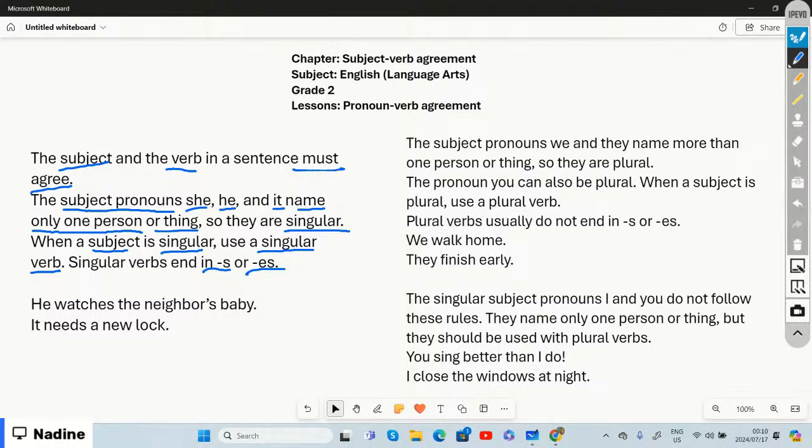And if we look at an example of a singular subject that needs to agree with a singular verb that ends in s or es, then we say he refers to one person, right?